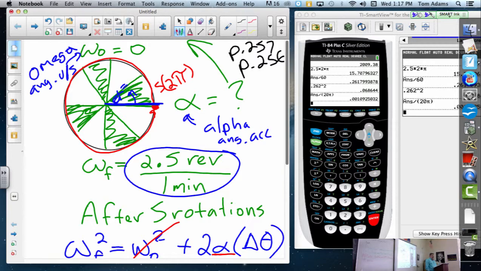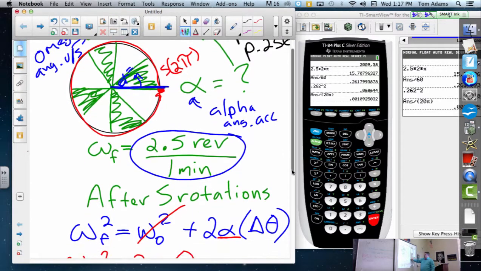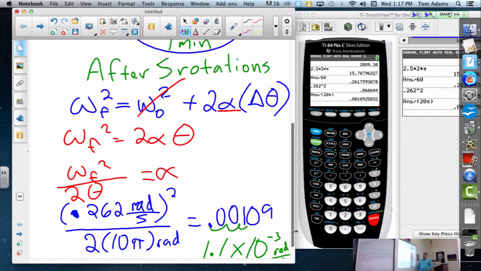Does that make sense? So then we had to go through and look at our uniform circular kinematics, because that looks just like our linear kinematics. The final velocity squared is equal to the initial velocity squared plus 2 times the acceleration times the change in position, but in this case it's change in theta, because that's how we're measuring the displacement.